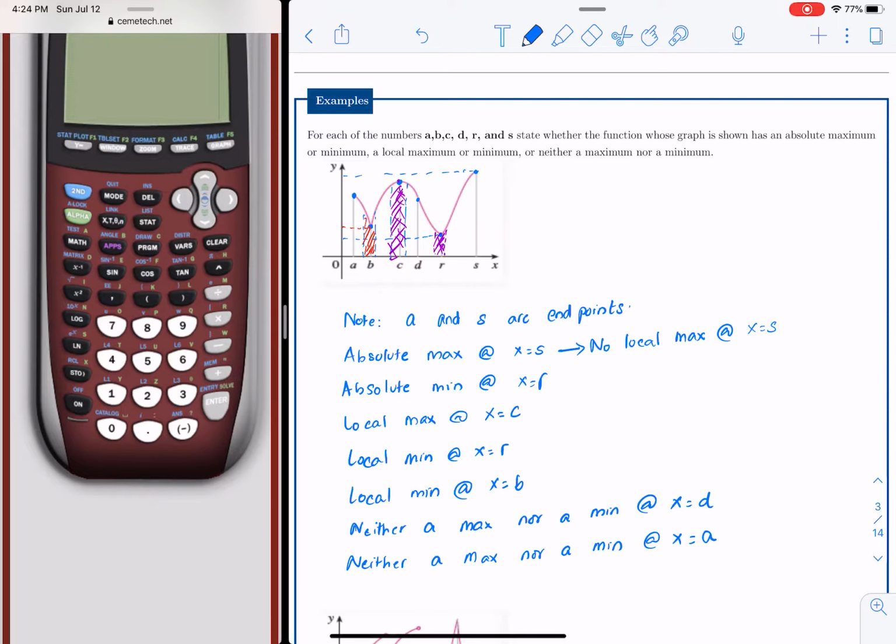Why, you may ask? Because it is an endpoint.